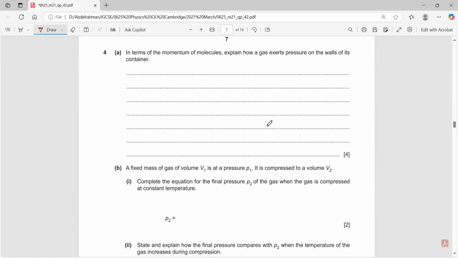In terms of the momentum of molecules, explain how gas exerts pressure on the walls of a container.